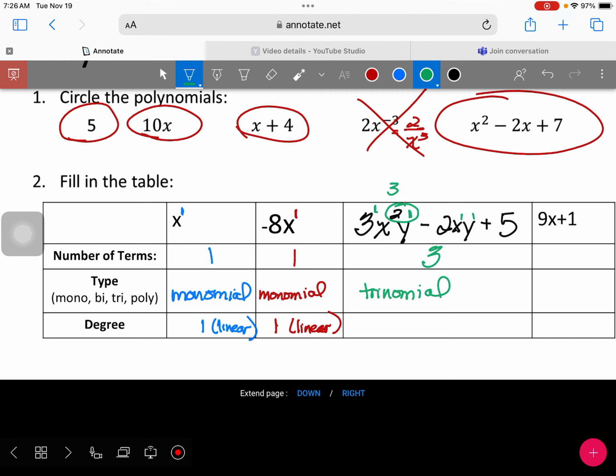This has a degree of 2. And this has a degree of, we got to think, 0. Because it doesn't have any variables. So the degree of the entire polynomial is the largest number of the degree of any term. So in this case, it is going to be 3. This one.